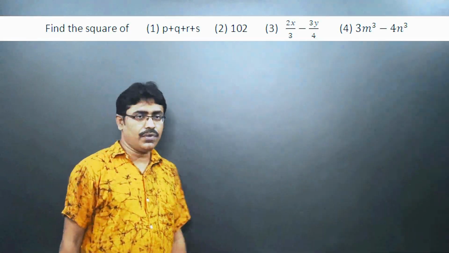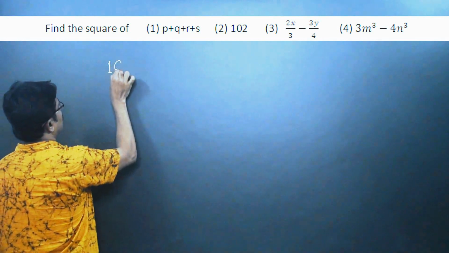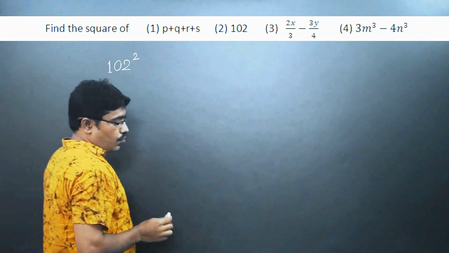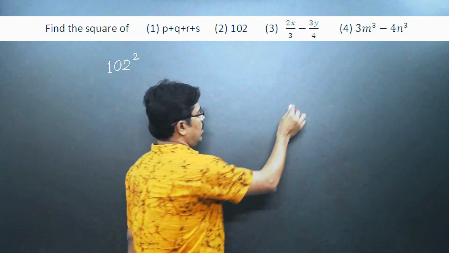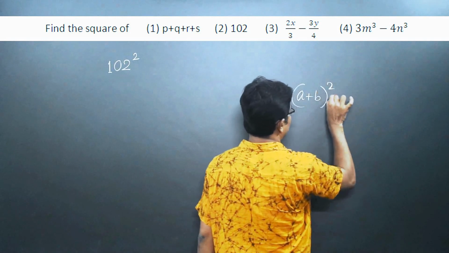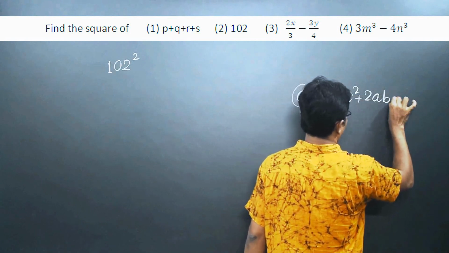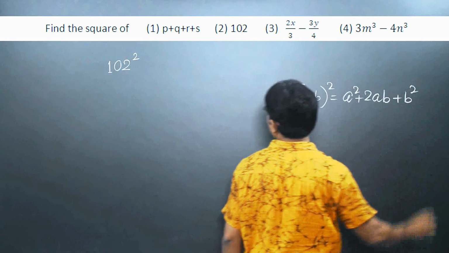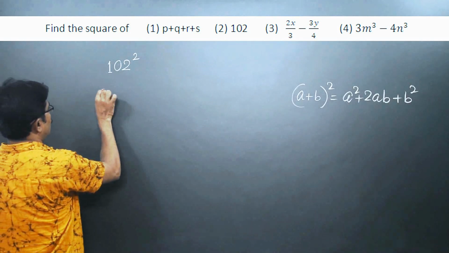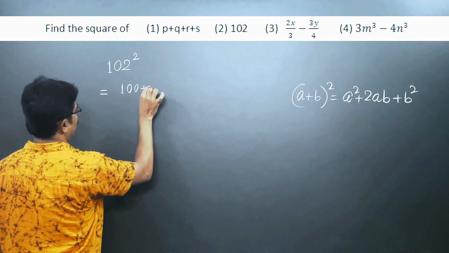In the second problem, we are asked to find the value of 102 square. We will use the identity (a plus b) whole square is equal to a square plus 2ab plus b square to find the value of this. 102 can be written as 100 plus 2.